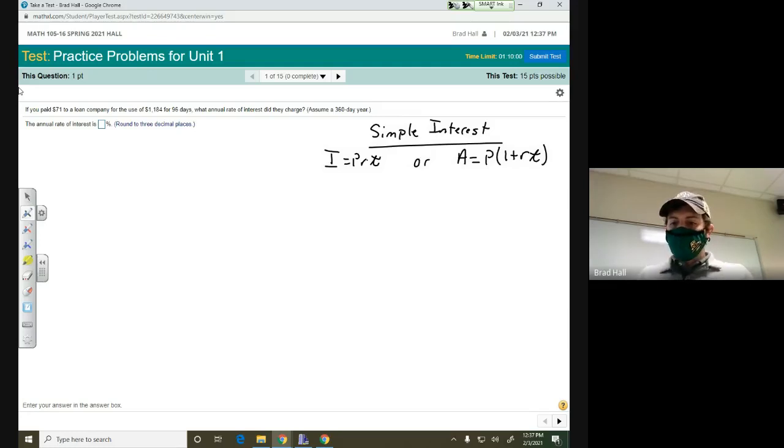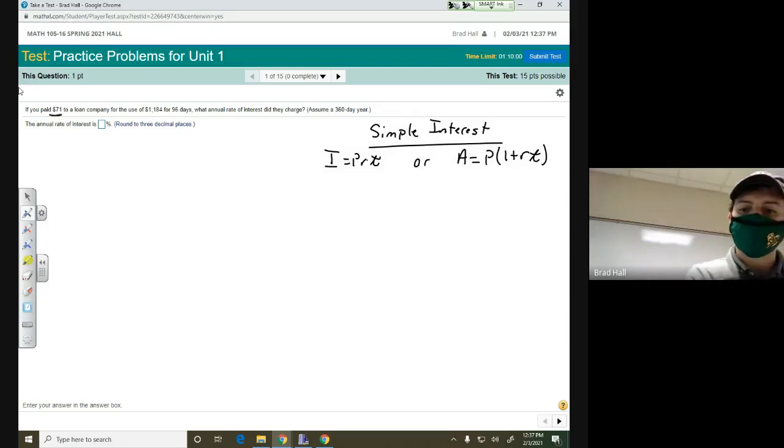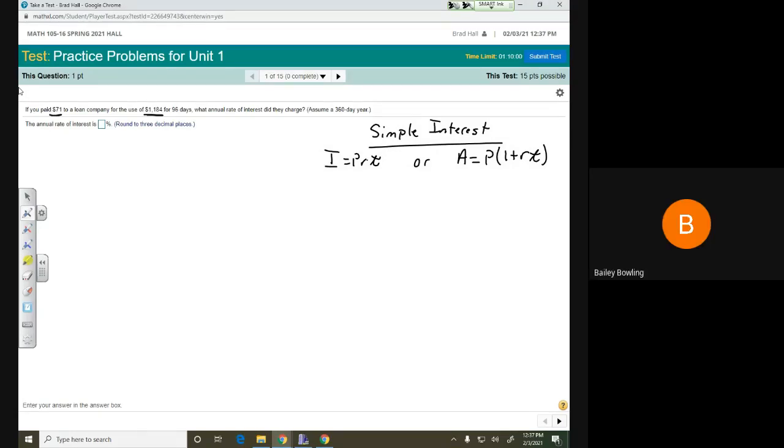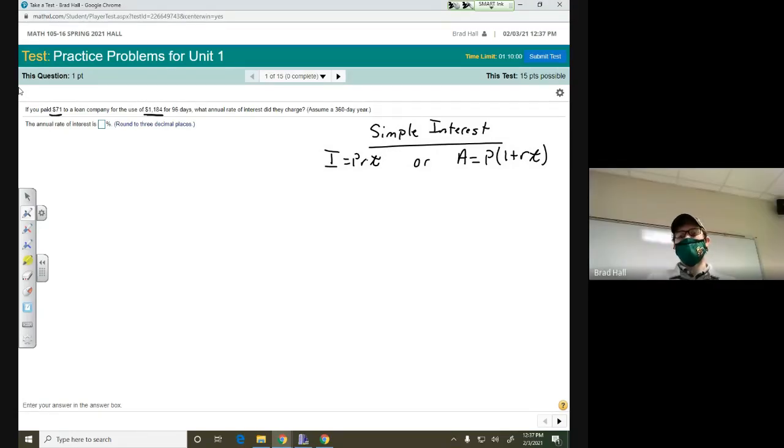So it seems like you're paying $71 to borrow $1,184. So with that context alone, because both of these formulas have an R and a T, which formula do you think we should use here? I equals PRT. Yeah, we're going to use the PRT one.